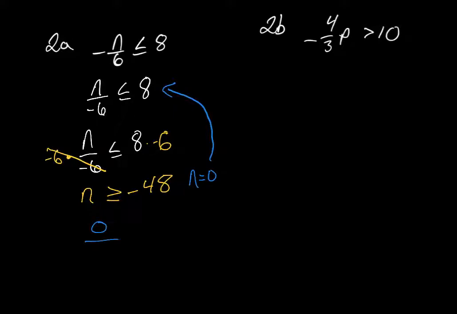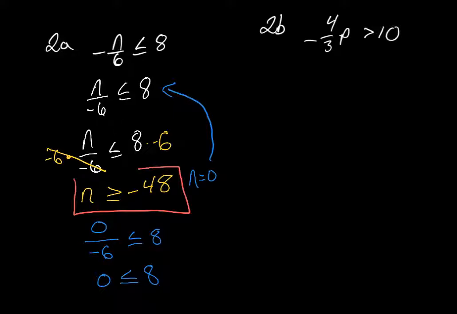So 0 divided by negative 6 has to be less than or equal to 8. Well, 0 divided by negative 6 is just 0, and I get 0 is less than or equal to 8. That statement is true, so I know my answer is most likely correct: n is greater than or equal to negative 48.